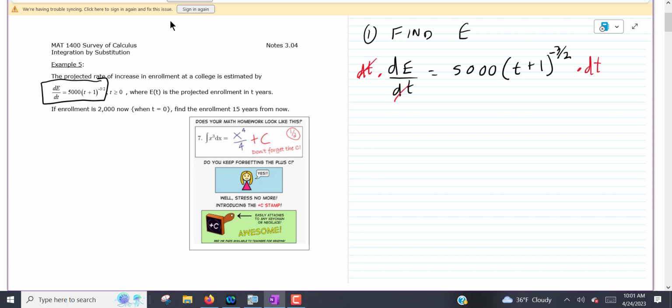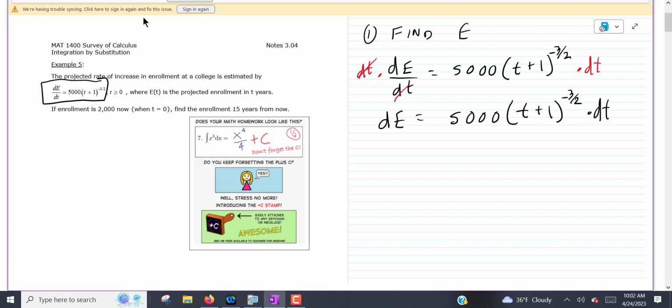That's just separating the variables. We want anything that has a t on one side and anything that has an E on the other side. So we have dE equals 5,000 t plus 1 to the negative 3 halves times dt.